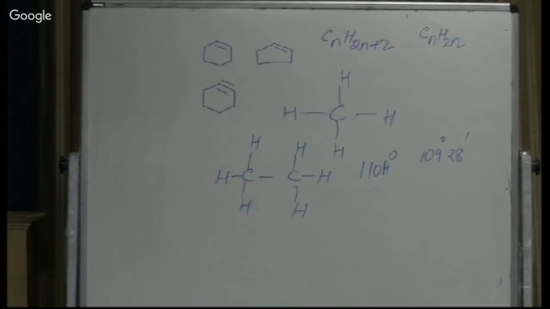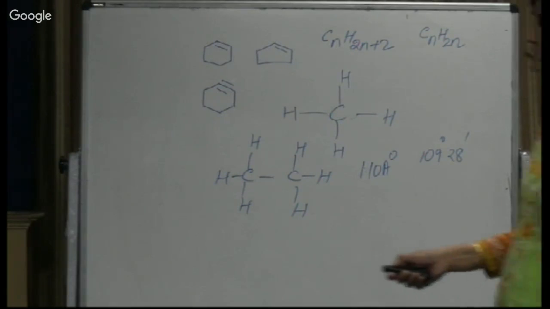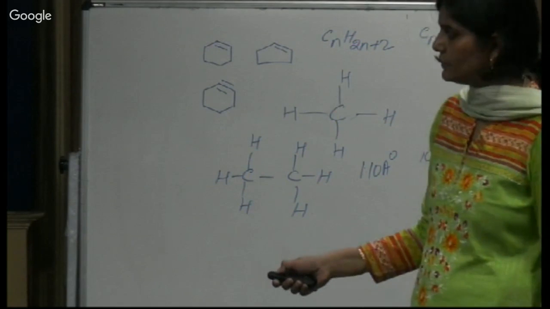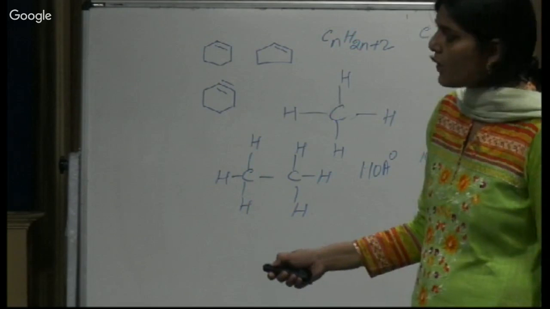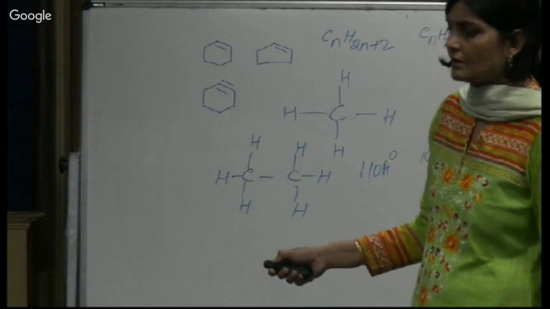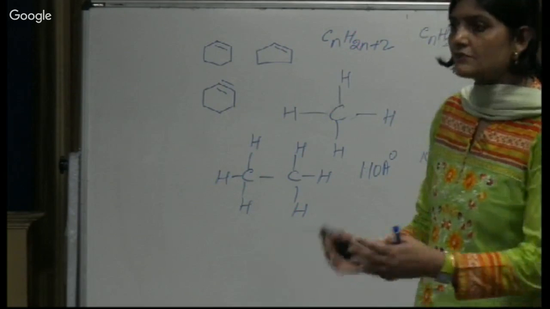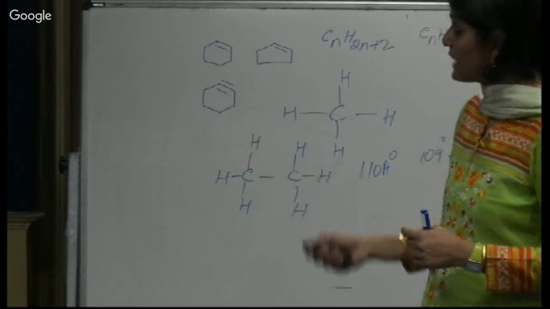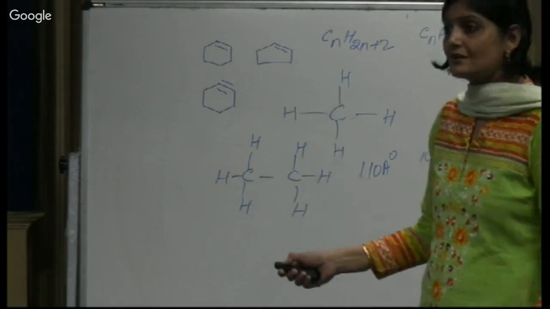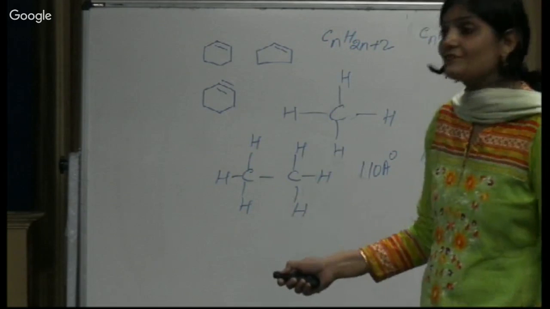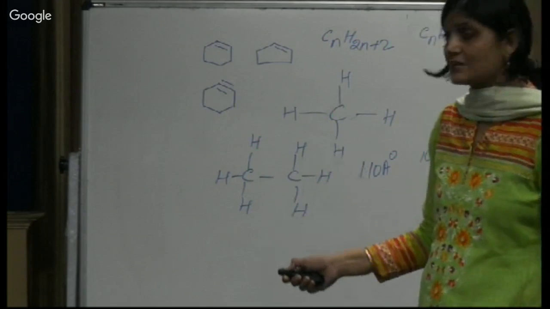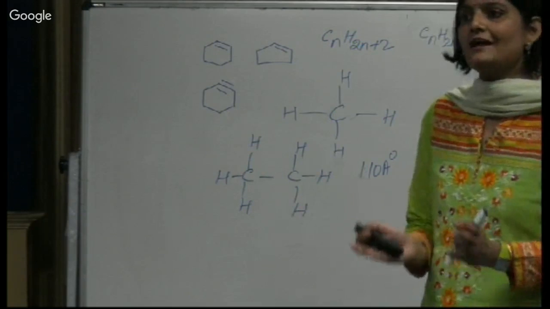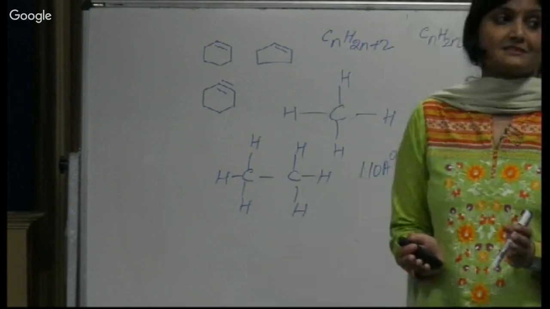Next slide. Now, this is an illustration which shows that if you have a straight chain molecule, there are so many points of interaction, because of which the van der Waals forces of attraction are very high. But if you have a branched molecule like this, there are very few points of interaction between the two chains, because of which the van der Waals forces of attraction decrease, and hence the boiling point decreases.